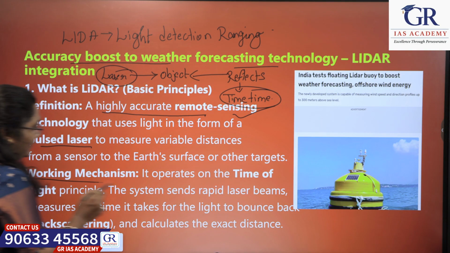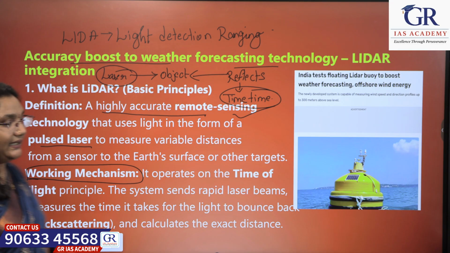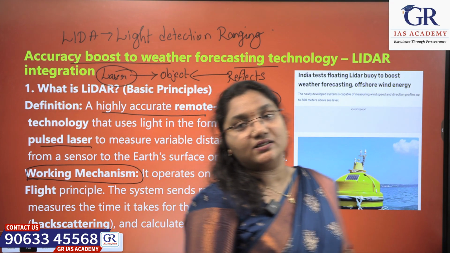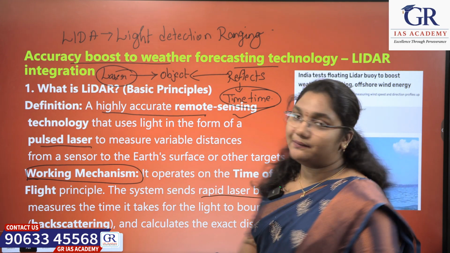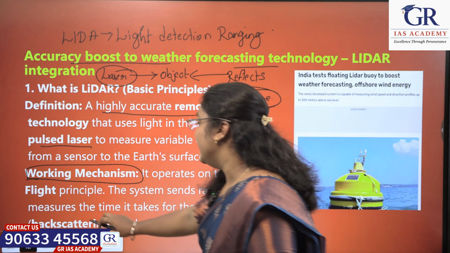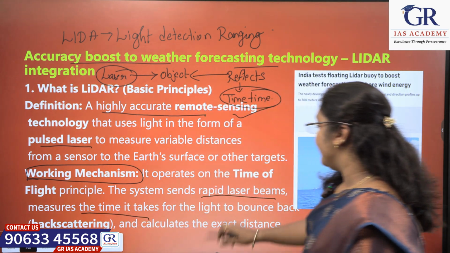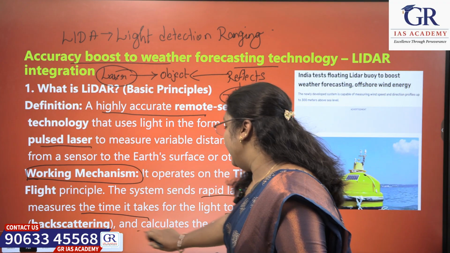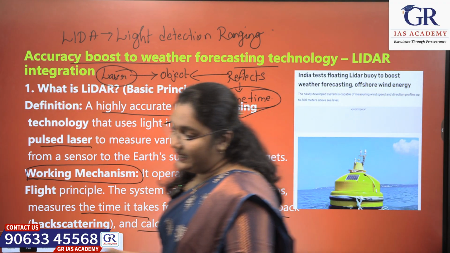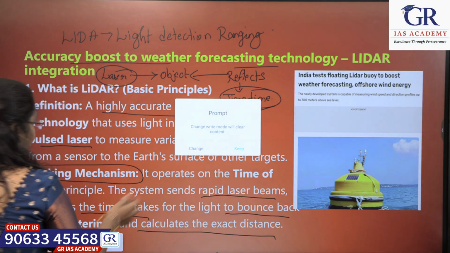Now let us see the working mechanism. Basically, LiDAR works on the principle of time of flight. The system sends rapid laser beams, which measure the time it takes for the light to bounce back, meaning backscattering, and calculates the exact distance to the earth's surface.